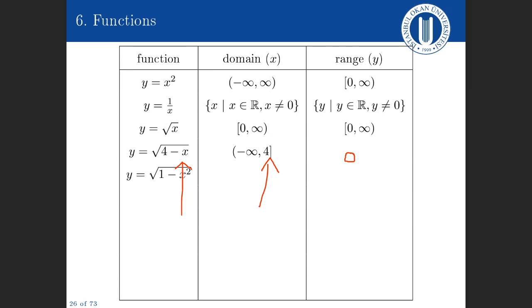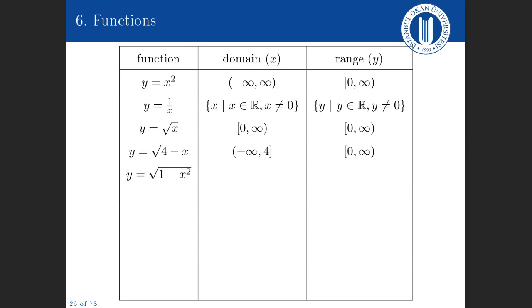If we take x as a negative number of large size, let's say minus 1,000, y would be the square root of 4 minus minus 1,000, or the square root of a big number, which is a big number. y could be as big as we want. So the range is going to be between 0 and infinity.